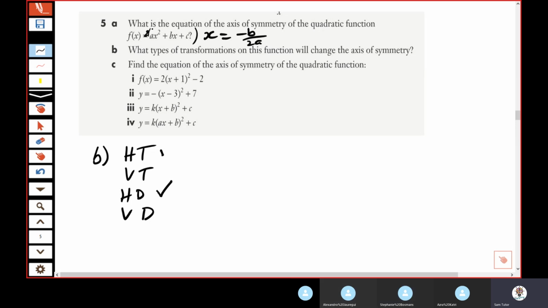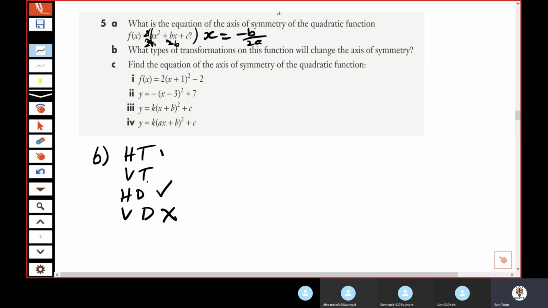Vertical dilation is multiplying by 2 here. By the time you multiply this by 2 and this by 2, this becomes 2a and 2b. And then when you divide, the 2 is going to cancel out. So vertical dilation wouldn't, but vertical dilation doesn't move up and down.